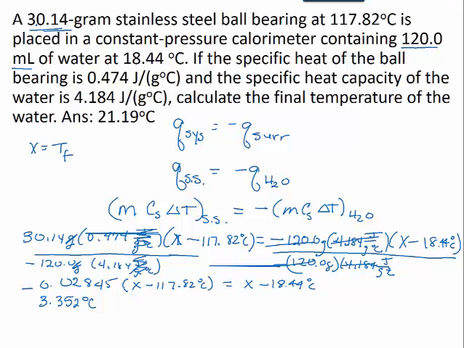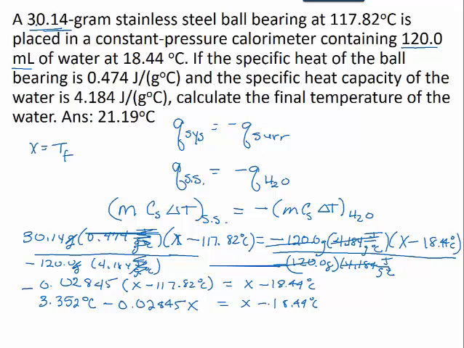And then I'm going to take this times the first term. I just switched them around because I think it looks neater. 0.02845 is multiplied by x, and that is going to give me x minus 18.44 degrees Celsius.